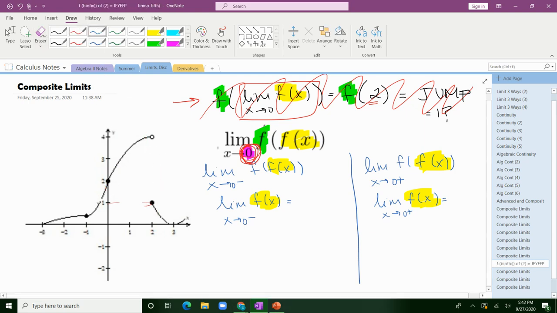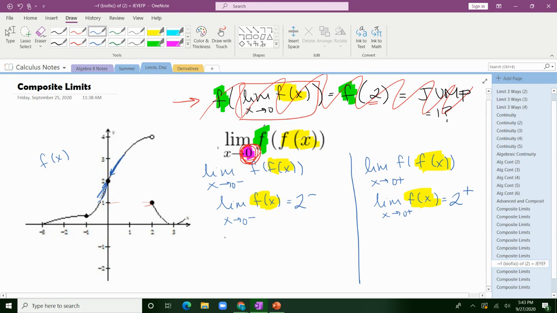Approaching 0 from the left, I have a limit of 2, and I'm going to put a minus because I'm coming from values that are less than 2. Here, if I do the limit from the right, as I approach 0 from the right, I am still approaching 2, but from values bigger than 2, like 2.1, 2.01, 2.001, etc. So I'm going to put a plus sign.